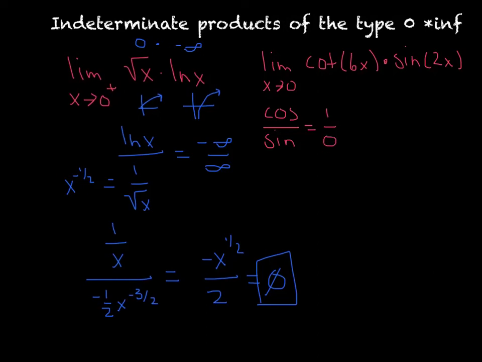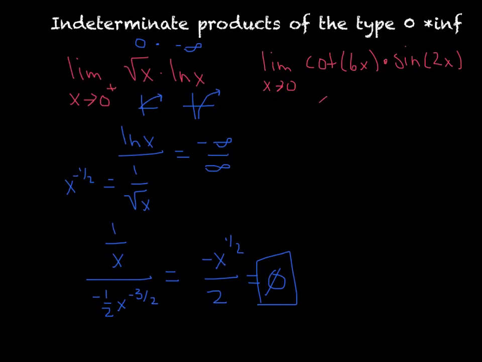All right, so let me erase that because I think you guys already know that, but just wanted to show you that there. So this is going to be infinity times 0. All right, so we need to rewrite this so that it looks like this.